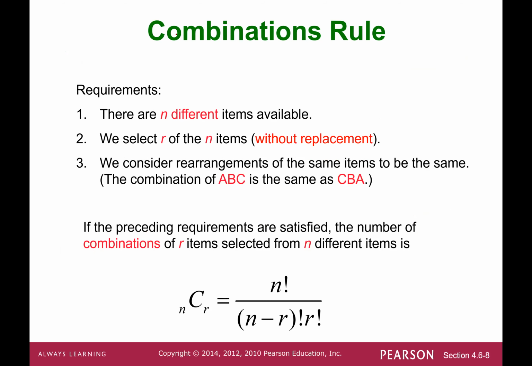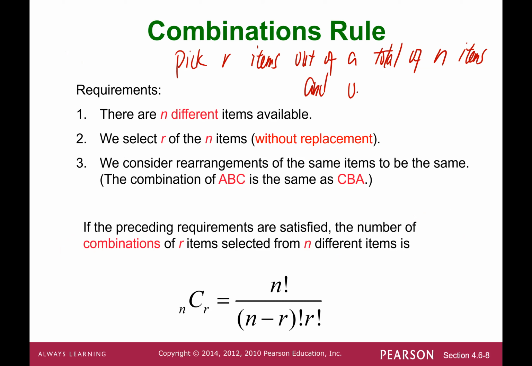And now the combination rules. Basically, combination works like this. You pick R items out of a total of n items, and the order does not matter, meaning when you pick those R items, you do not rearrange them.